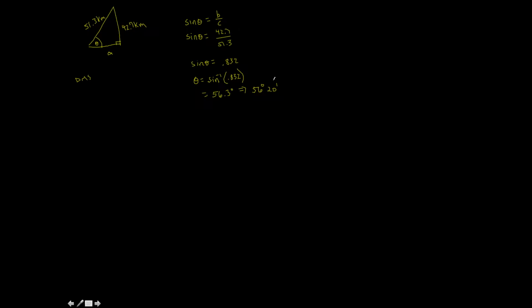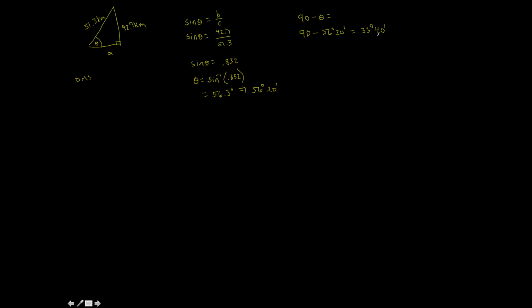Alright, well, I have my angle theta. Now let's find the other angle. My complementary rule says that 90 minus theta will give me my other angle. So 90 minus 56 degrees, 20 minutes. If you do that subtraction, that's going to be 33 degrees and 40 minutes.